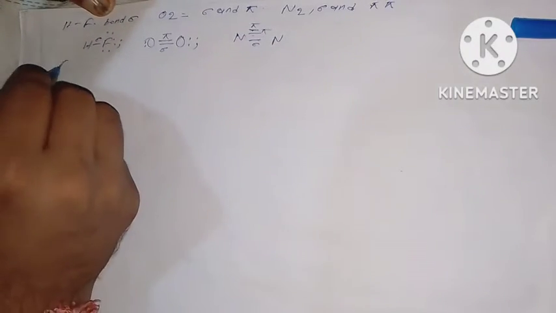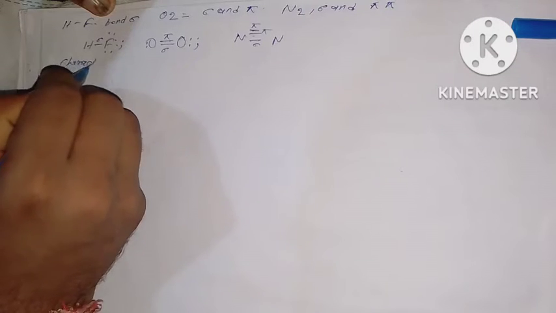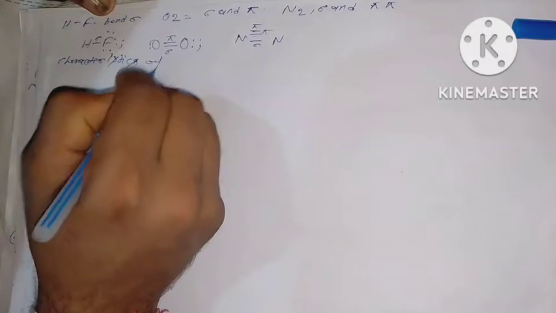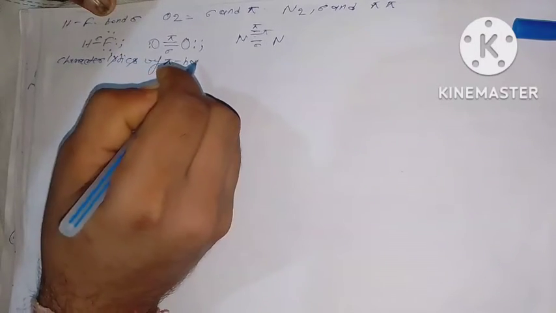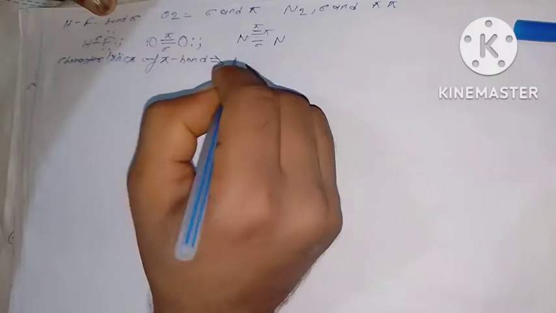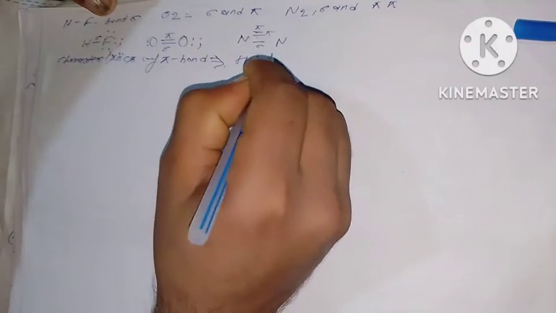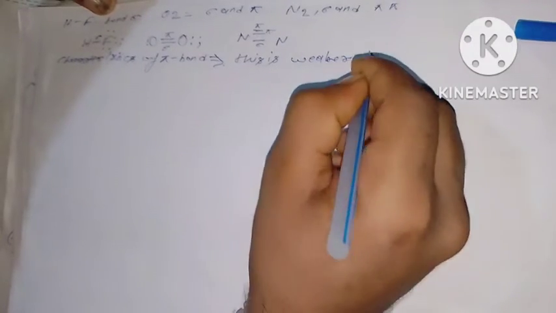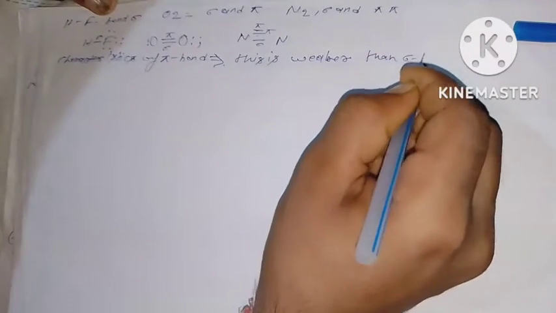Characteristics of pi bond. First, it is weaker than sigma bond.